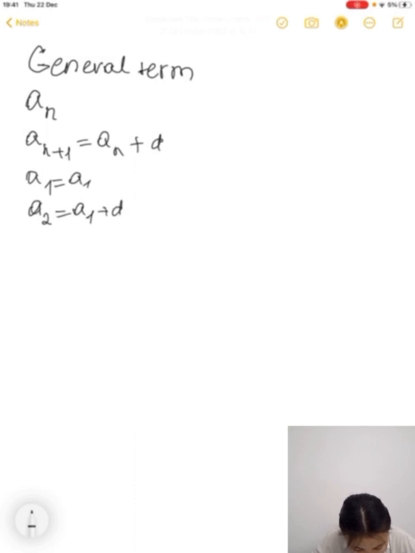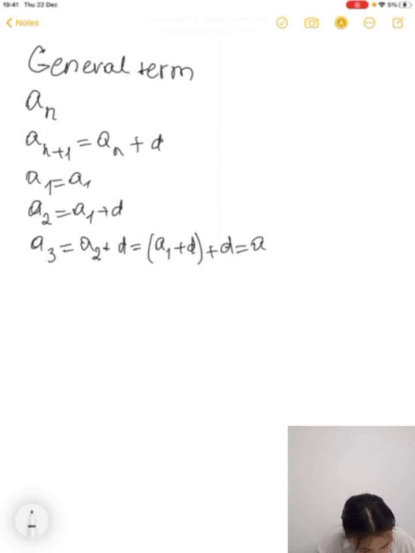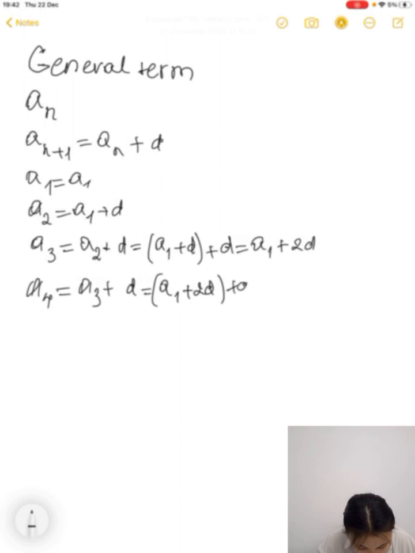and a sub 3 is equal to a sub 2 plus d, which is equal to a sub 1 plus 2d. A sub 4 is equal to a sub 3 plus d, which is equal to a sub 1 plus 2d plus d, which is equal to a sub 1 plus 3d.